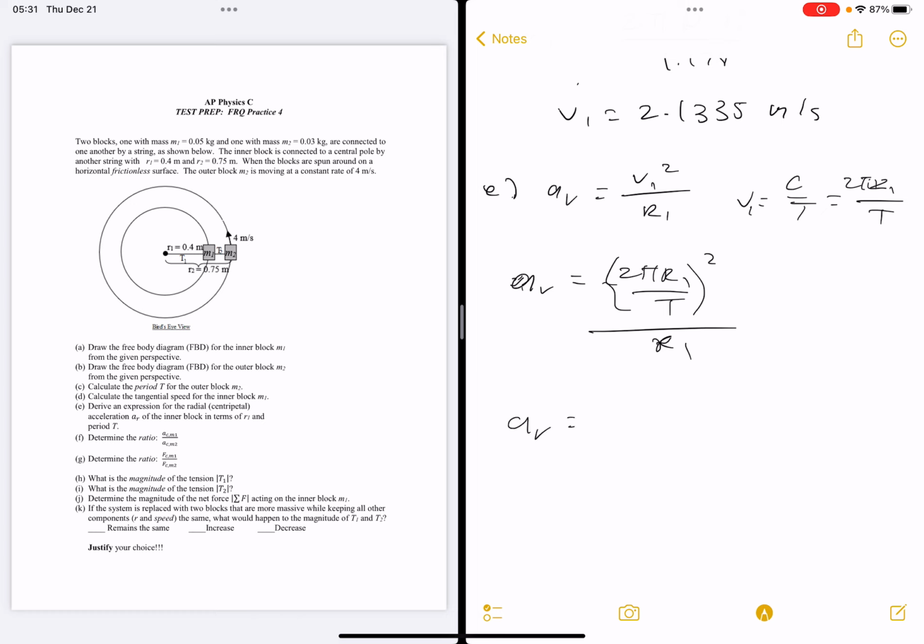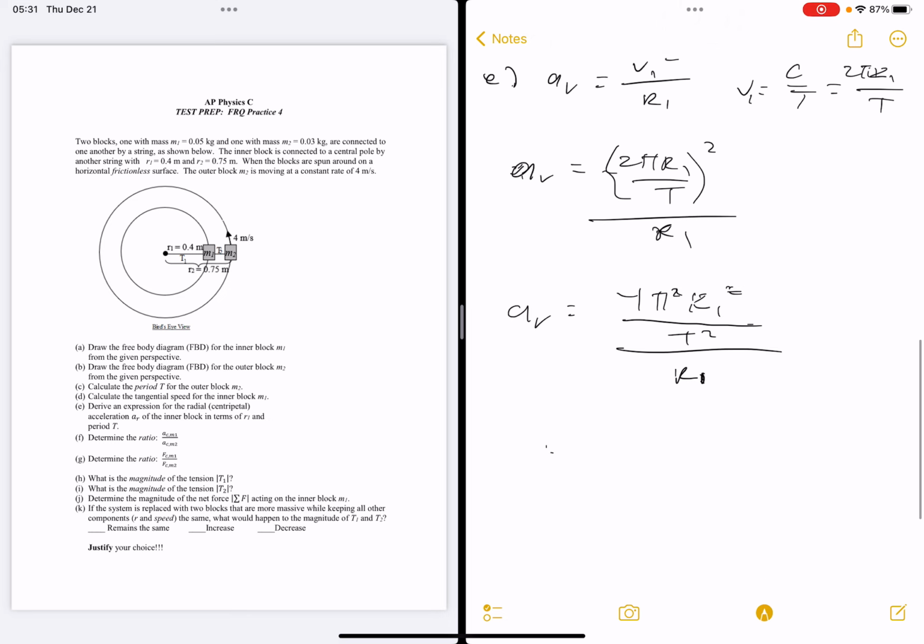So AR equals 4 pi squared R1 squared over T squared over R1. That means that AR equals 4 pi squared R1 over T squared, my bad, not T2. Okay.